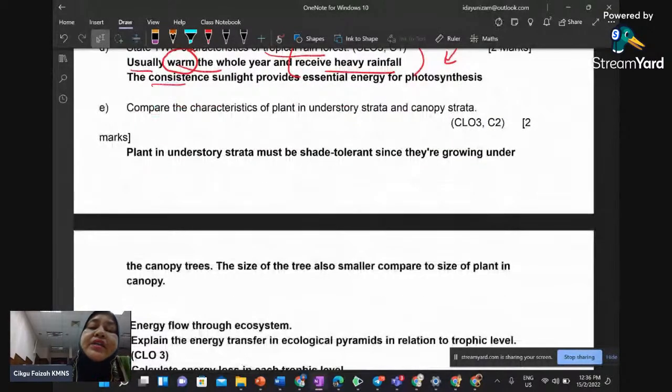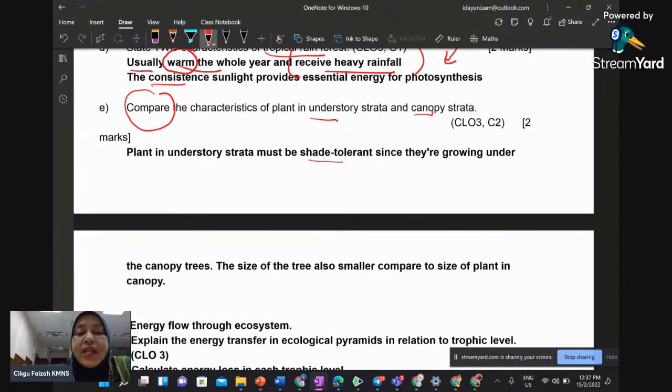Okay, next you need to also compare between the plants that occupy the understory strata and also the canopy. So bila compare, you need to give the similarity and the difference. So apa yang sama kelas? Apa yang sama ialah both, dua-dua, we compare the characteristics. So kalau tengok pokok di understory dengan pokok di canopy, they receive sufficient light energy, cuma untuk understory dia ada extra, iaitu understory plants must be shade tolerant.